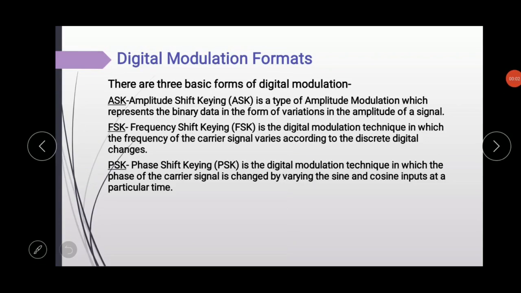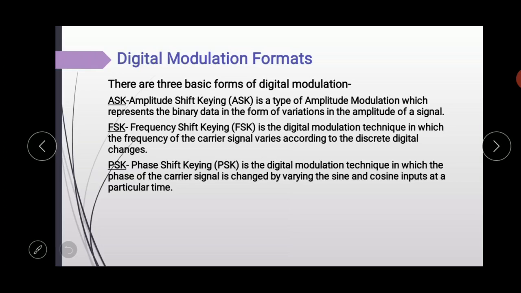Due to this process, there is some deviation in carrier frequency. This deviation is known as the bandwidth of the channel. Such type of transmission is known as bandpass transmission and the communication channel is known as bandpass channel.